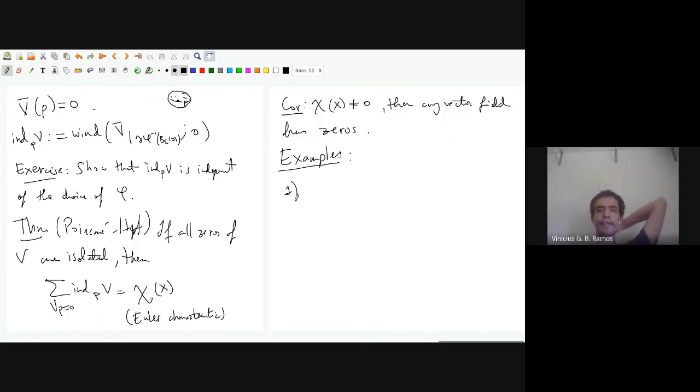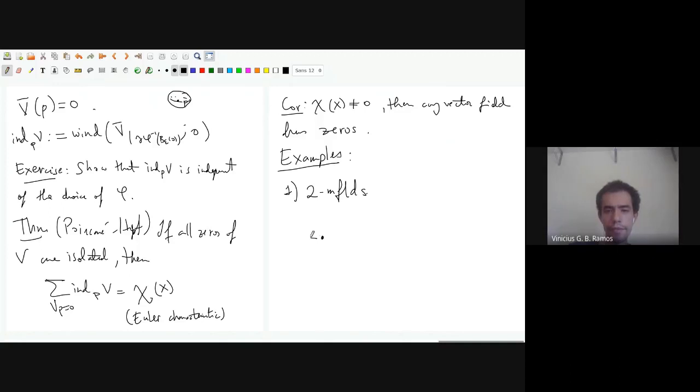This index is something local, so we can look at some local examples. Let's start in the case of subsets of R2, so two-dimensional manifolds.